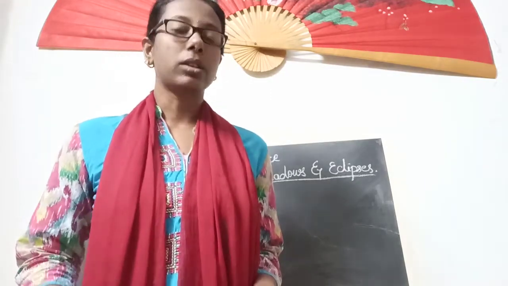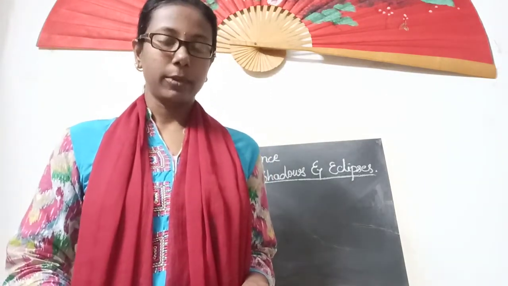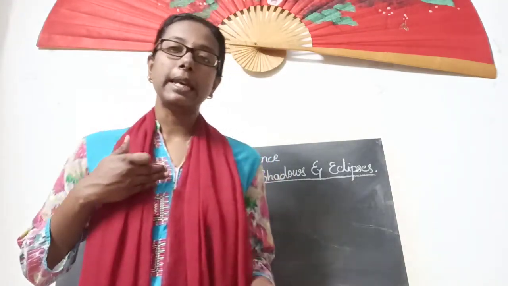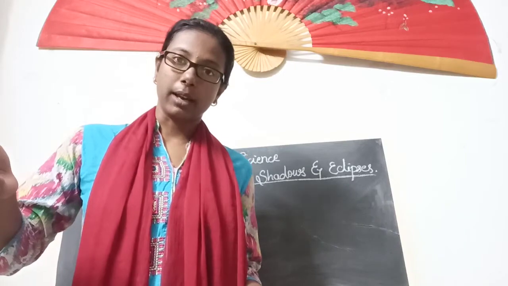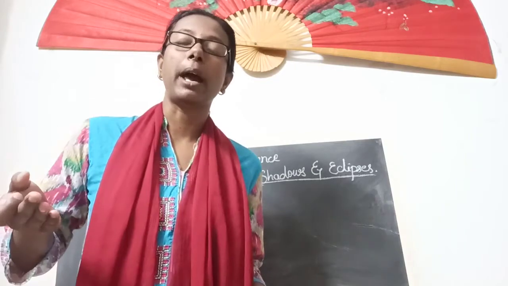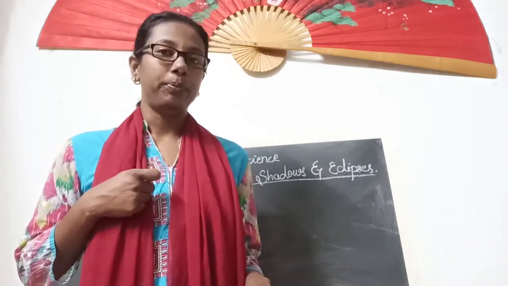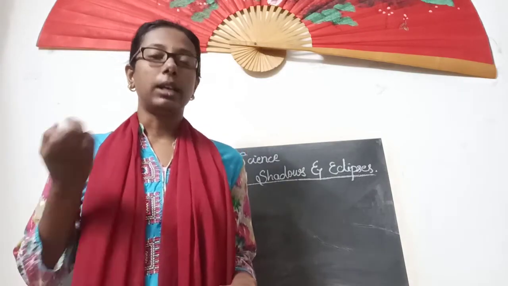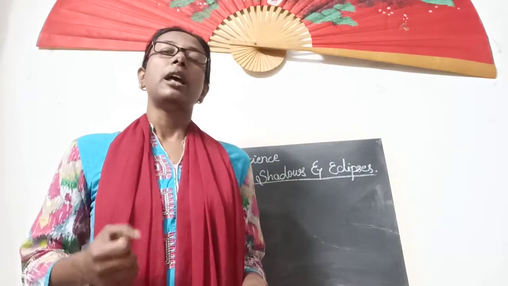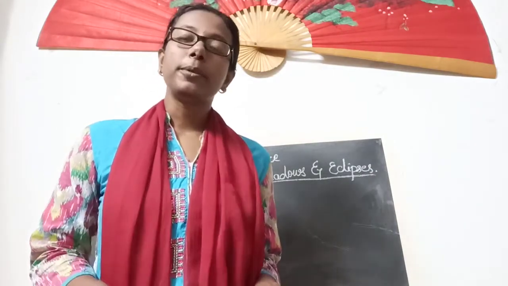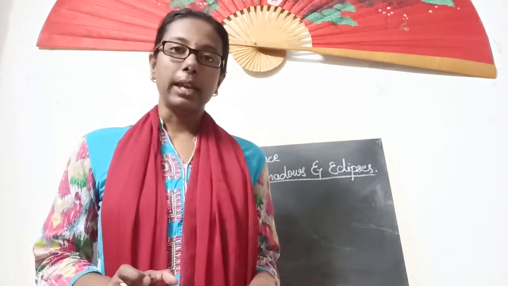Wear light colored clothes, so that the sun's heat, the light will reflect back. Okay, it will reflect back, it won't absorb. While the darker colors or the darker objects, they absorb more light. That means black color absorbs most of the light, more than white.